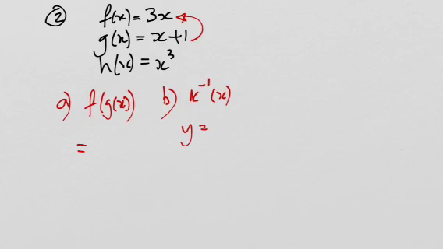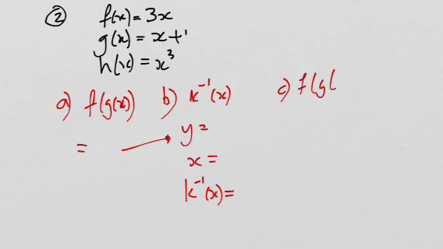So put y equals your answer that you got here, rewrite it as x equals, and then rewrite it again in terms of x for the inverse formula. And then part C is just where we have to find f of g of h of x. So we're going to put the h in here, and then we're going to put that in here. So 2 substitutions to give you the answer.